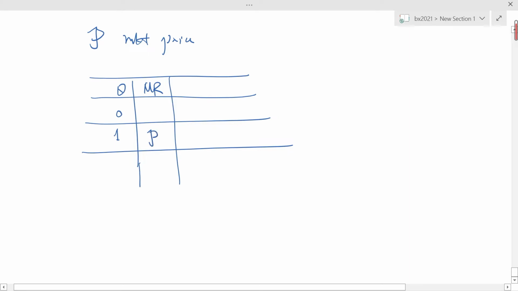And what's the extra cost, which is marginal cost?